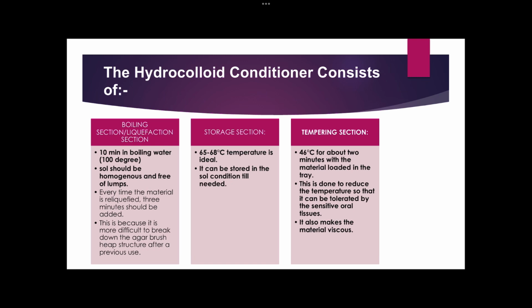Let's see what happens in the boiling section: 10 minutes in boiling water at 100 degrees Celsius. The sol should be homogeneous and free of lumps. Every time the material is reliquefied, 3 minutes should be added.